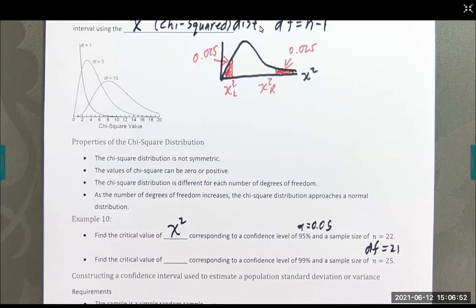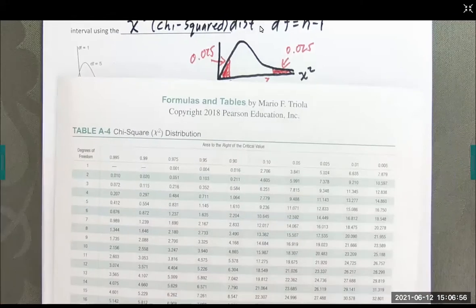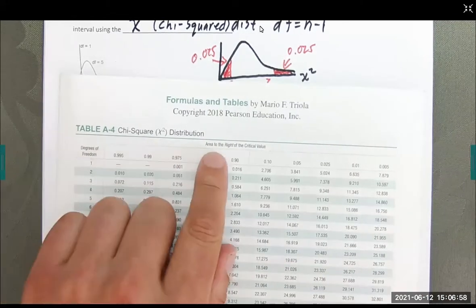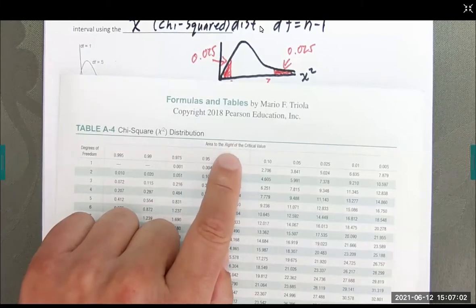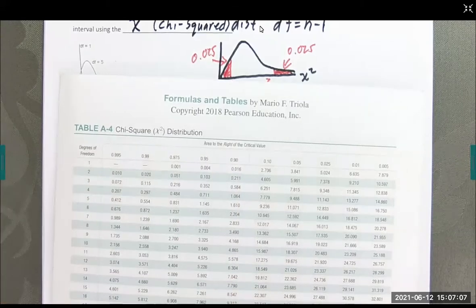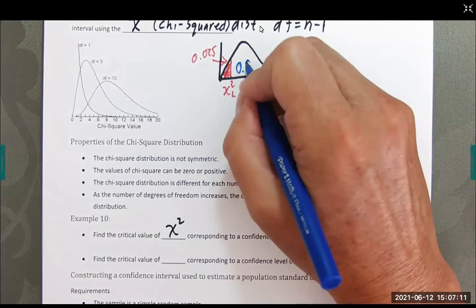All right, to our table. Now, I want to point out with this chi-squared distribution table, all of these are assuming area to the right. That's the opposite of what we've been doing. So let's start with our left one here. And I want to point out that in the middle here is 0.95.